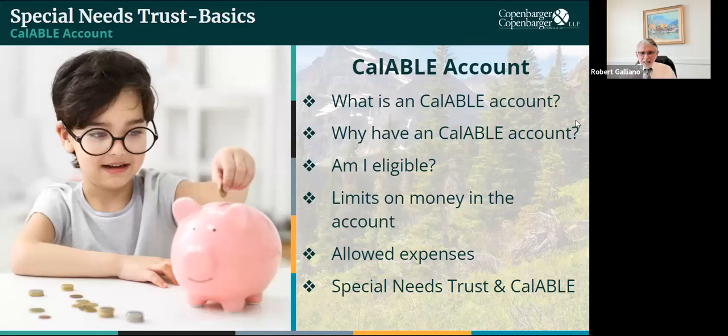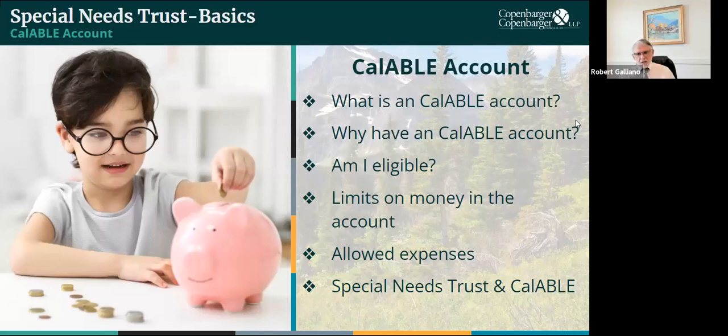This ABLE account allows the beneficiary and, for example, other individuals, parents, uncles, to deposit into that account up to $17,000 per year. Now, the $17,000 number should trigger in your mind that it happens to be the gifting amount that you can give per year in 2023.